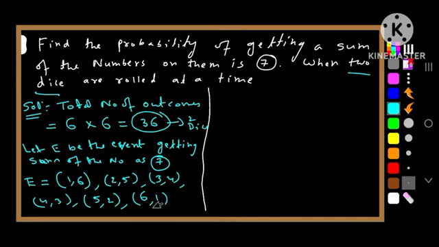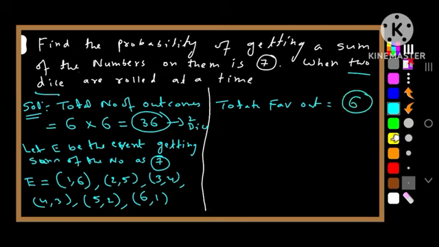So now these are the favorable outcomes. So total favorable outcomes, how many are there? You can see here there are 6 favorable outcomes.